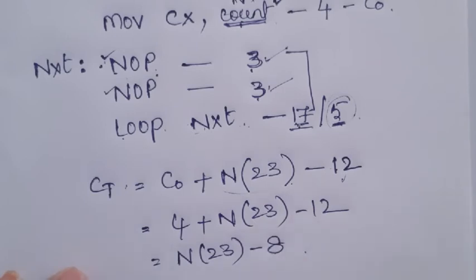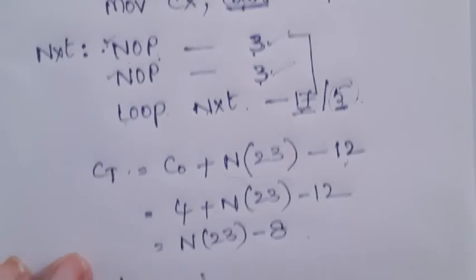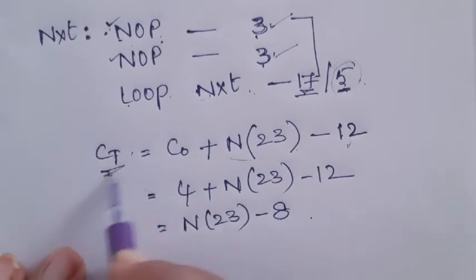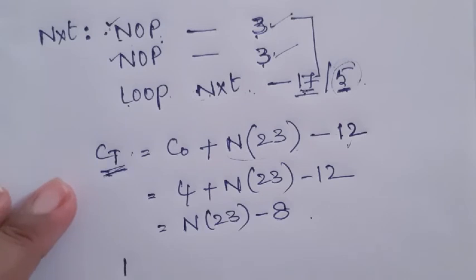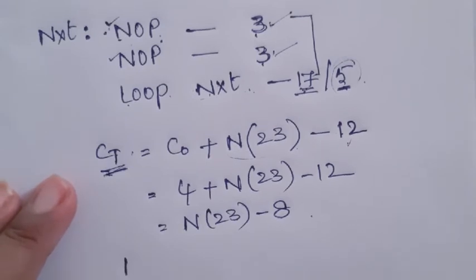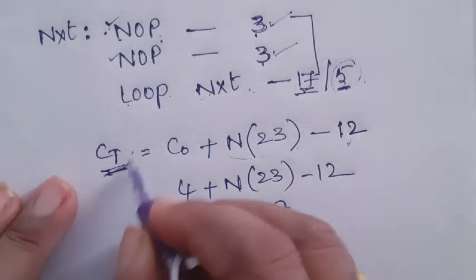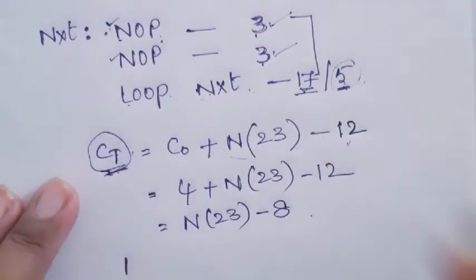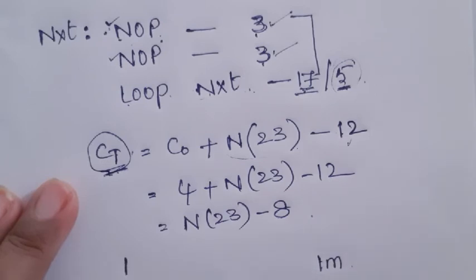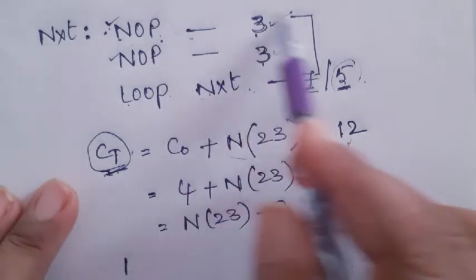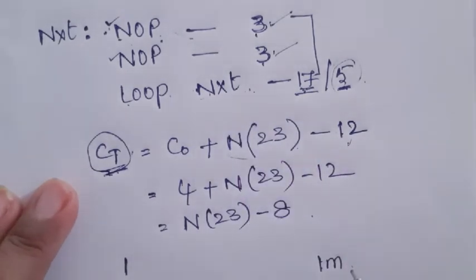So what we need, this CT means total time required, total time it takes. To calculate this, the total time I want is 1 millisecond. To get 1 millisecond, how many times is this to be repeated? To calculate that, you write 1 milli divided by 0.2 microseconds.